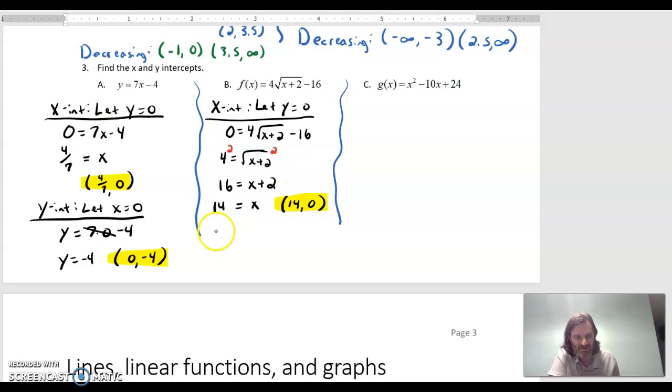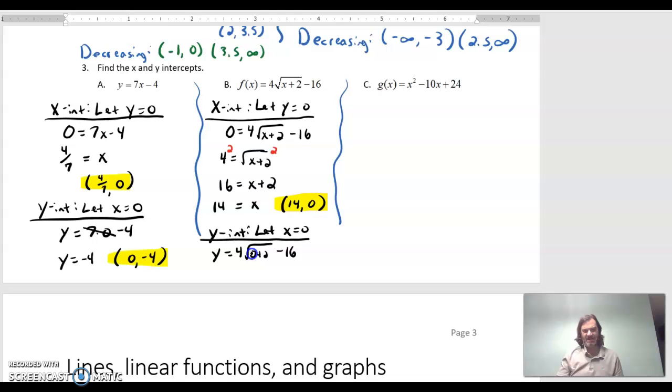And then, of course, my y-intercept, I'm going to let x equal 0. So when I plug in 0, I get 4 times the square root of 0 plus 2 minus 16. That doesn't give me anything nice. I'm going to let it go to the calculator.